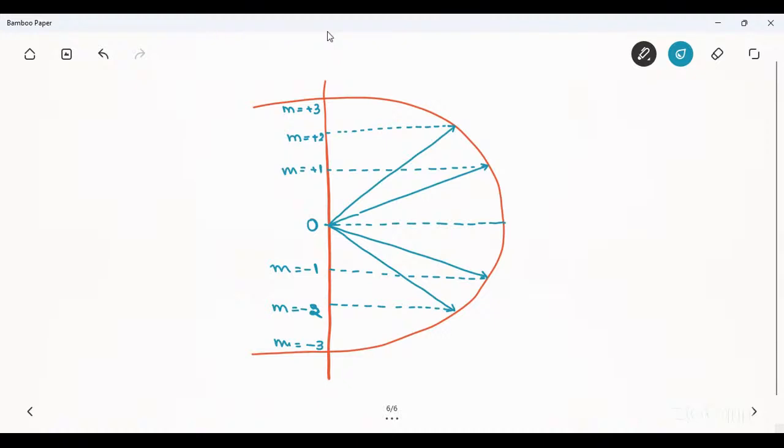Okay, coming to the next question. The next question is the same: what are the quantum numbers, and explain the significance of the quantum numbers. This is something we have done, right? Okay, then coming to the next year's question. These hybridization questions we have done a lot of times in the class.